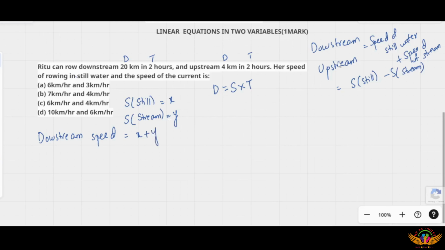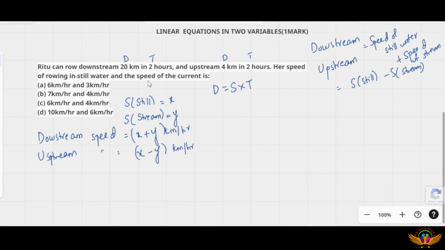Why x plus y? It is the speed of still water plus the speed of stream, and the upstream speed is equal to x minus y. Also don't forget the units, it is in kilometer per hour.